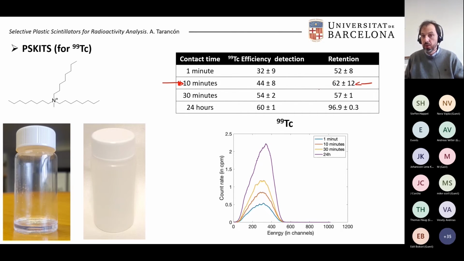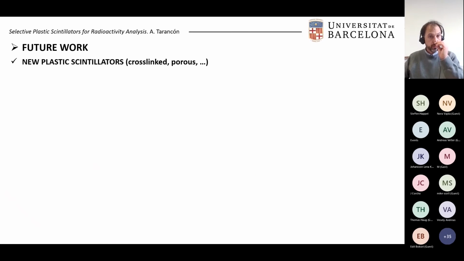So we are capable of attaching the radionuclide to the kit with efficiency and also detecting it very well. So it allows this semi-quantitative ultra-fast determination. These are the different developments I wanted to show you.